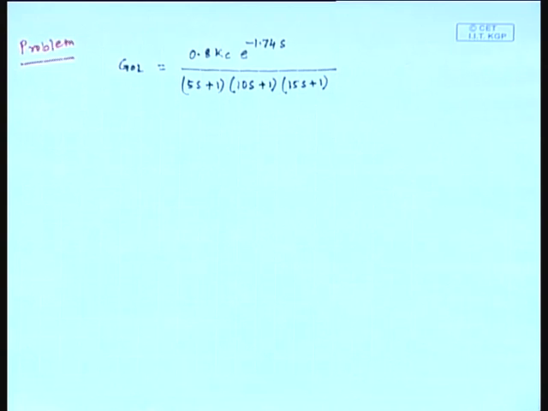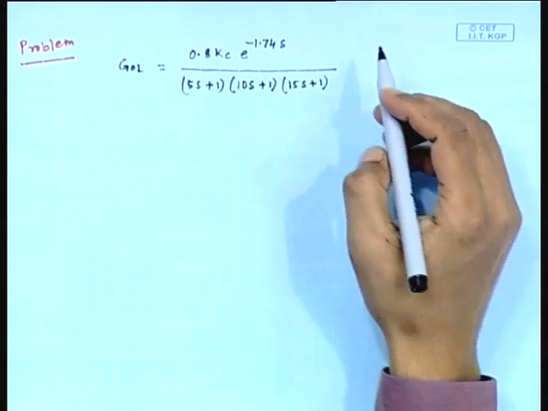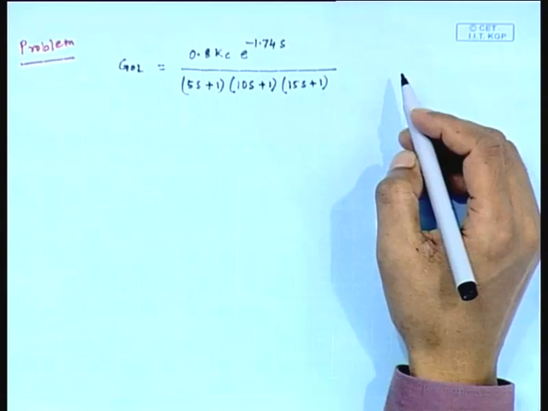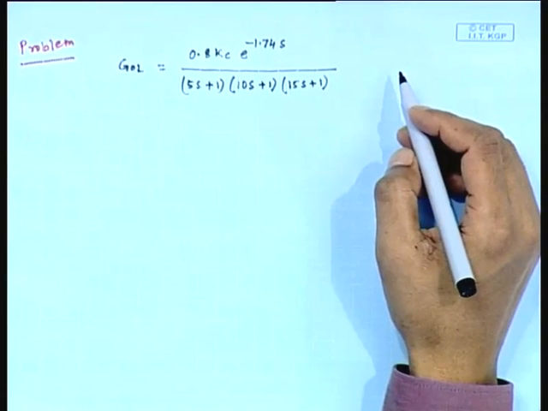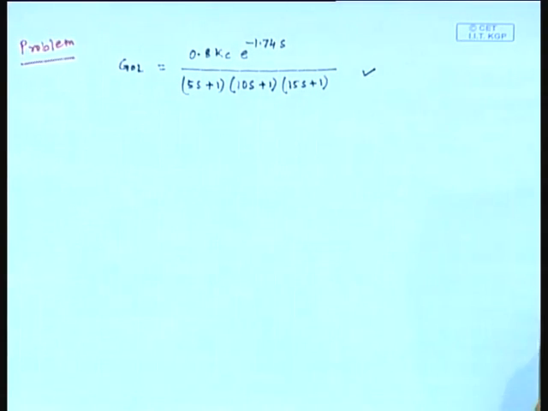So, this is basically the transfer function of a third order plus dead time system, and only a P controller is employed for the system. So, this is the open loop transfer function of the example system.